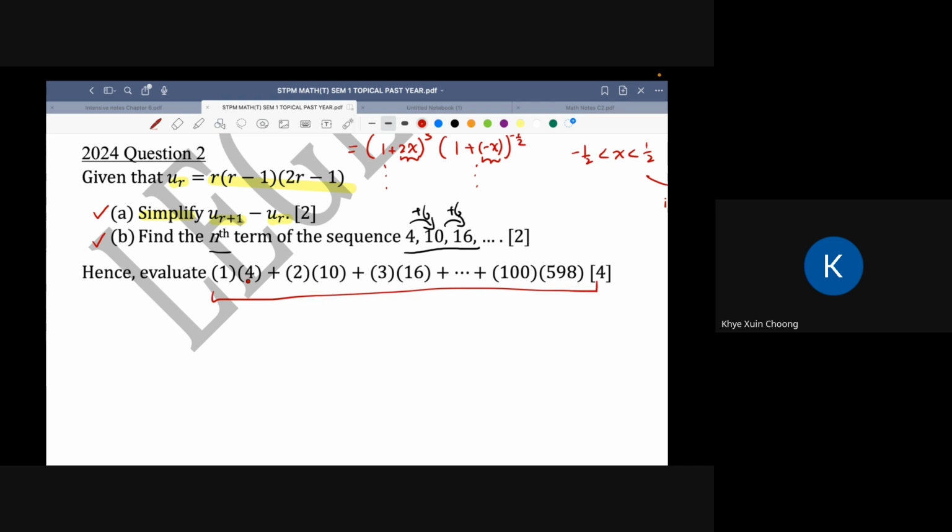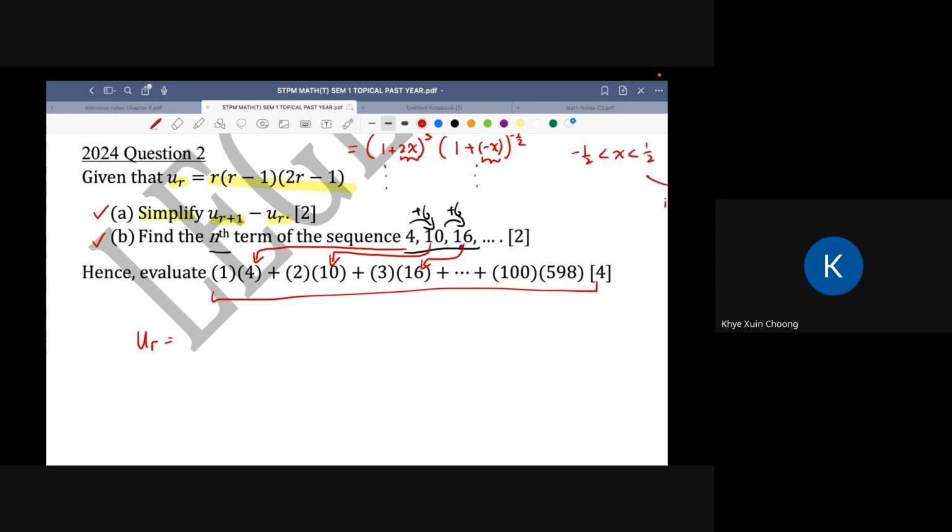You see, this one is actually the first term over here, right? This one is the second term. This one is the third term. In front of it, it is multiplied by the number of terms. So we try to write out the formula for UR.